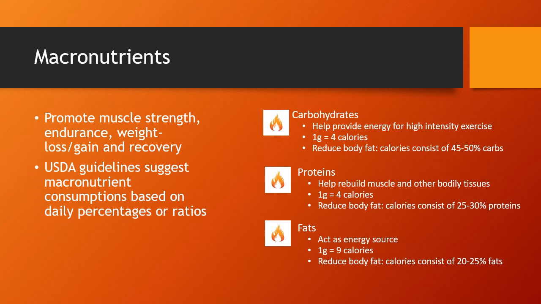And 1 gram of carbohydrate, if you look at the dietary guidelines on any of your nutrition packages on your foods at home, 1 gram of carbohydrate is the equivalent to 4 calories. So in order to reduce our body fat, we need to have a calorie consisting of 45 to 50% of our carbohydrates.